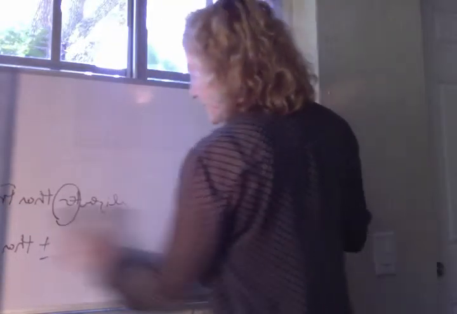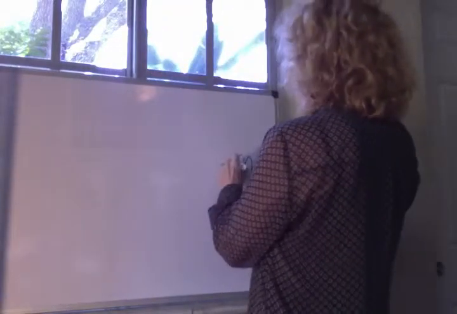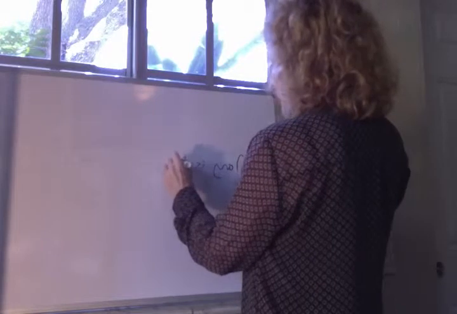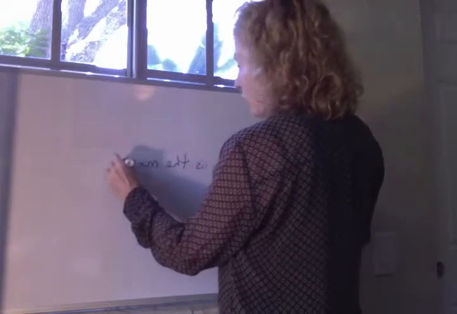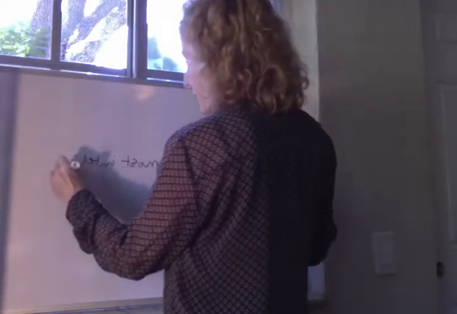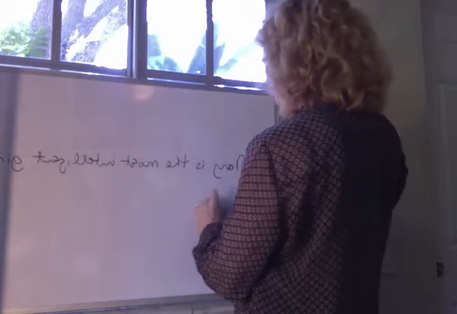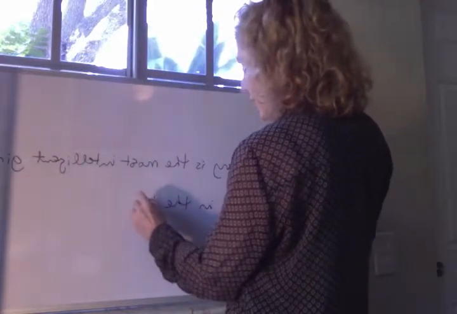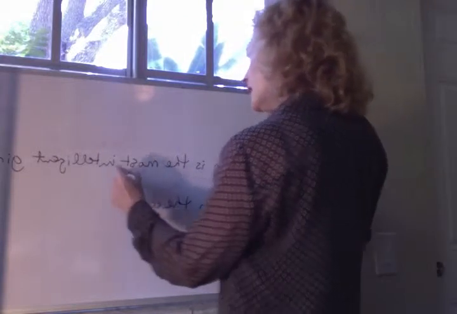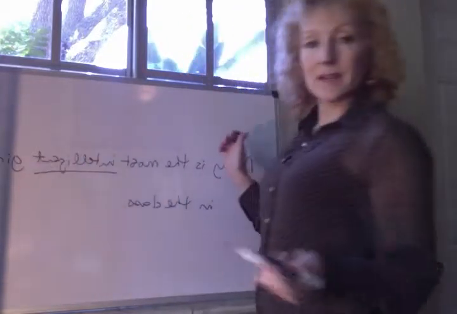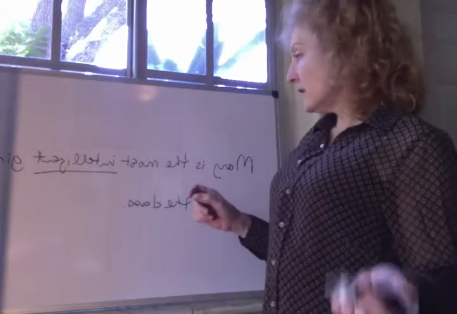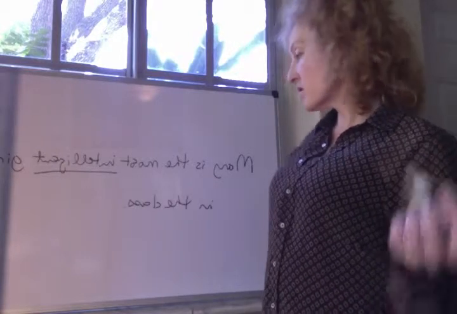So Mary is the most intelligent girl in the class. This is the way that we would have to form the superlative with an adjective like intelligent, because you can't say Mary is the intelligentest girl in the class.